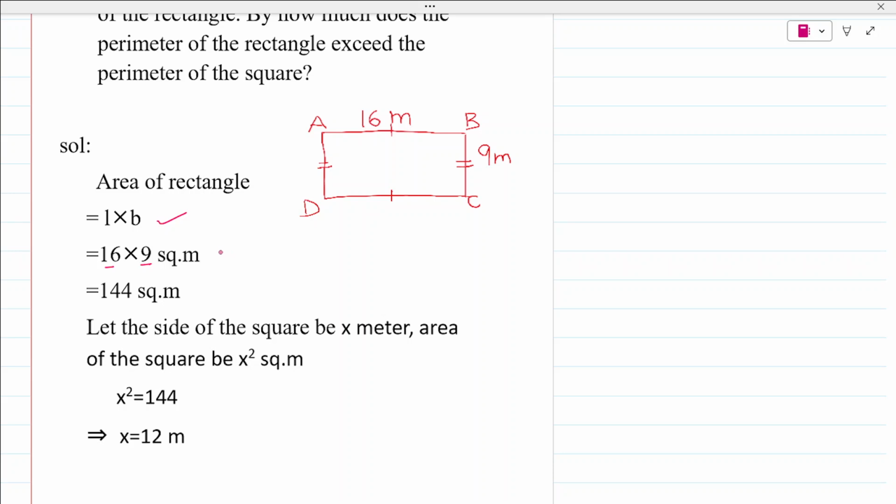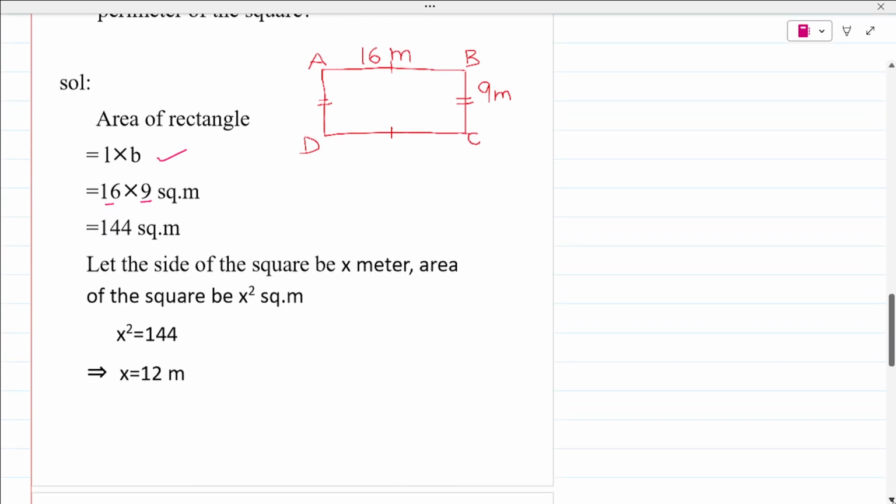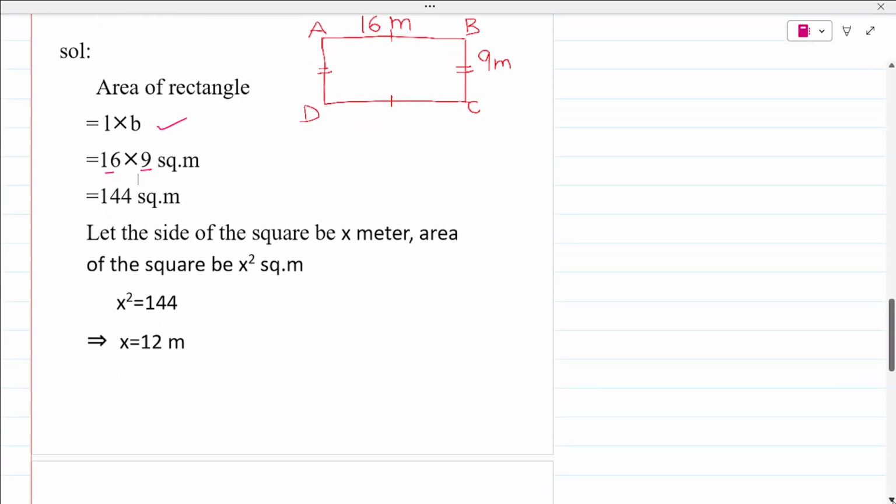If the side length is given in centimeter, you should use square centimeter for area, and if the length is given in meters, you should use square meter as the unit of area. So 144 square meter is the area of the rectangle.